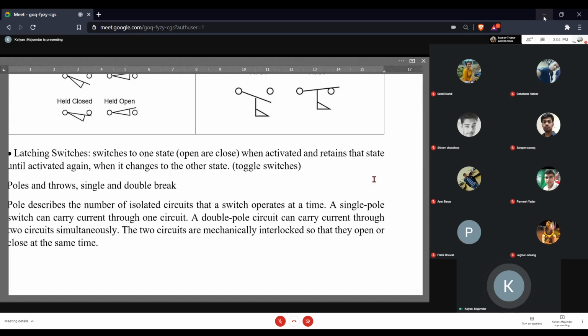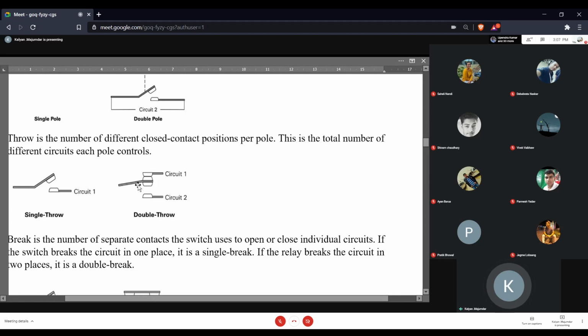Throw is the number of different positions that this particular pole can take. Look at this. Here, this is single throw. Either it can move down to close one circuit. If it moves up, nothing happens, only that this particular circuit is broken. No new circuit is made. But look at the second arrangement.